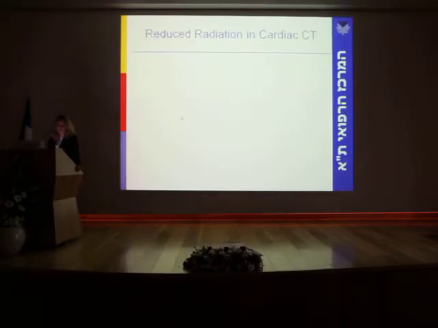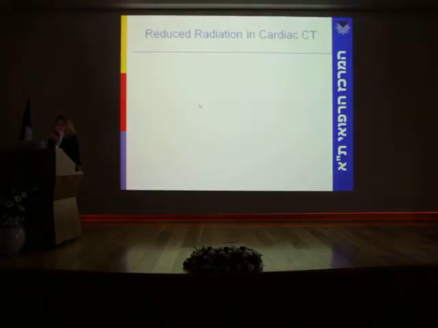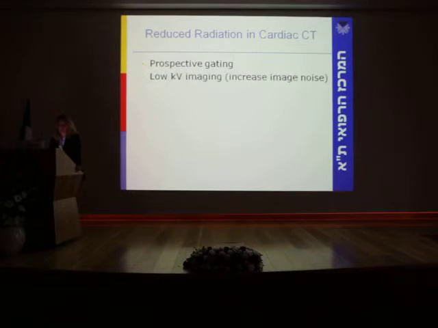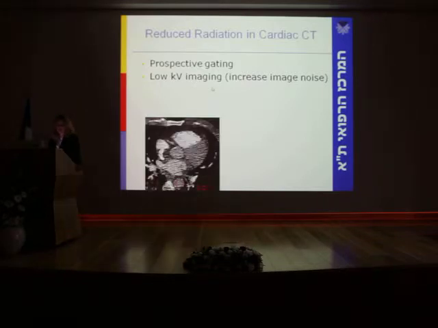And what about radiation? The vendors really work hard in order to reduce the radiation dose, and we do that by multiple technologies. First, we use prospective gating, as I told you before, and then we can use low kV imaging, which is a significant reduction in the dose. However, the noise is much increased.